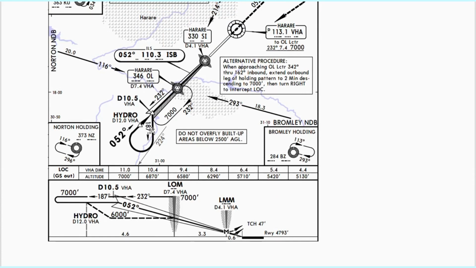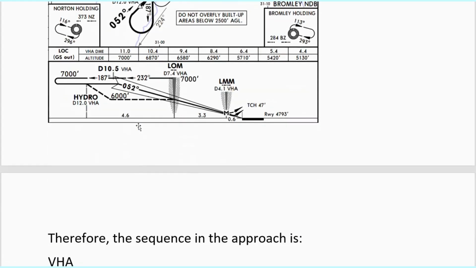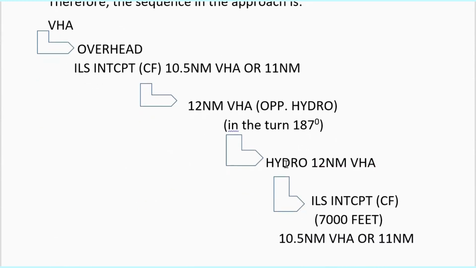This is 232, that's 187, that's 45. Somewhere here is a 12 nautical mile point, which the FMS will calculate. After that, I'm going to continue on this loop until I go to Hydro. My next point in the sequence is going to be Hydro, which is also 12 nautical miles. It's symmetrically opposite with this one here.